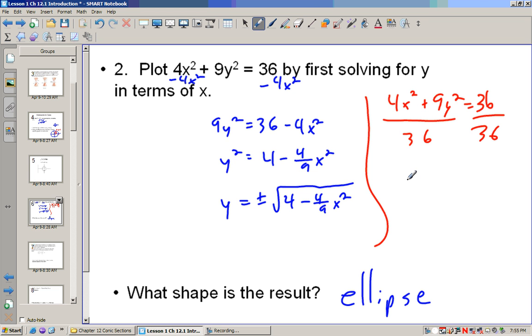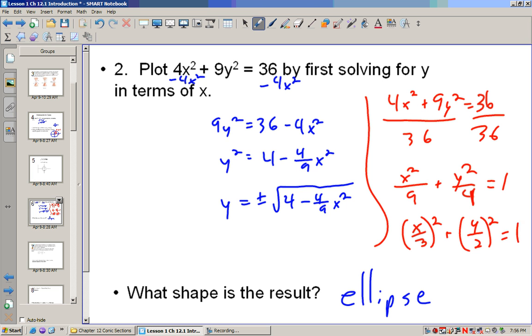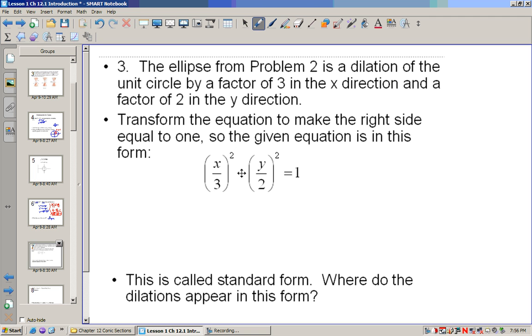So 4 over 36 is x squared over 9, and 9 over 36 is y squared over 4, and that's equal to 1. The next step is to say this is (x over 3) squared plus (y over 2) squared equals 1. Now I've converted it to this form.